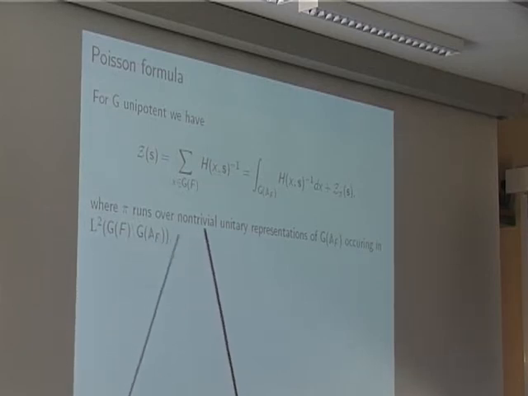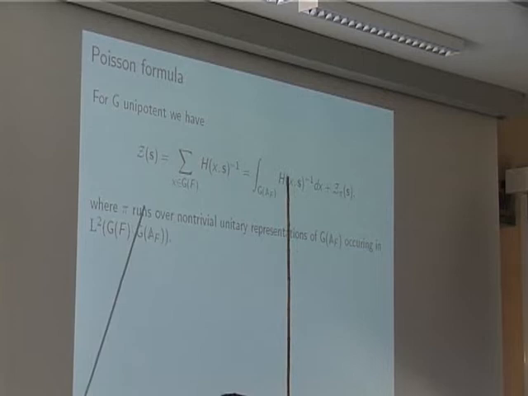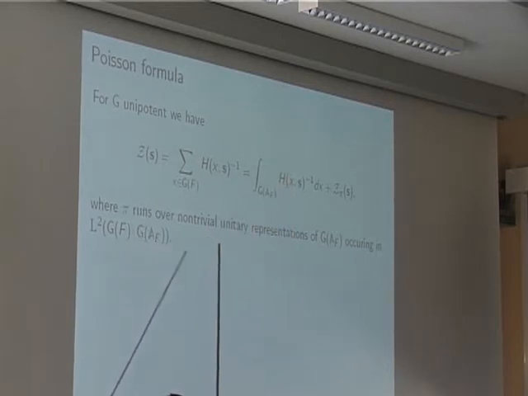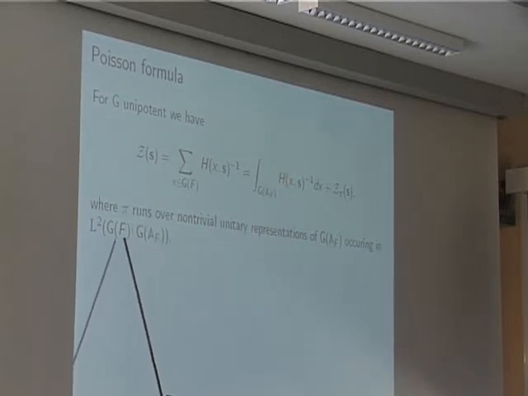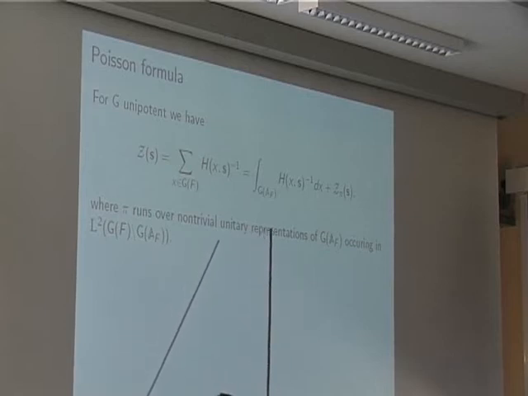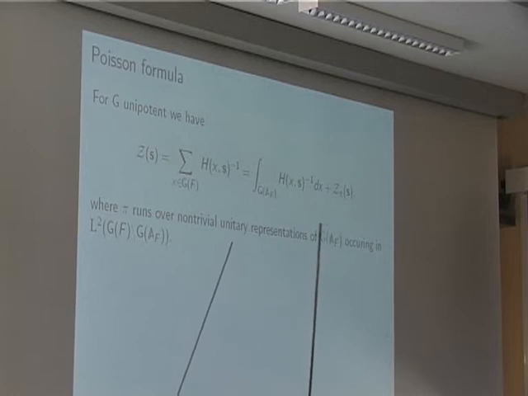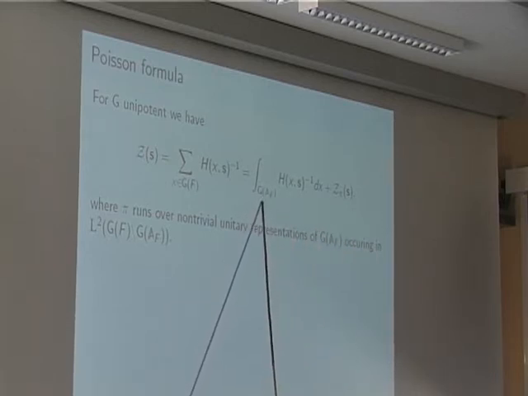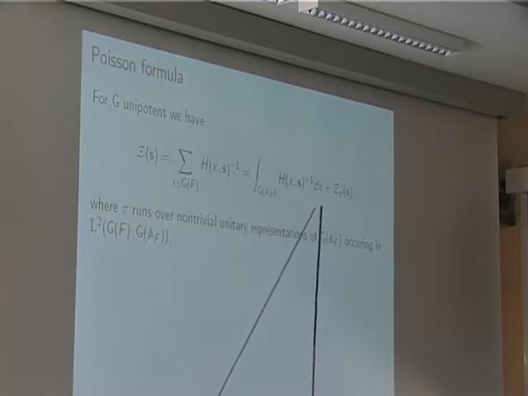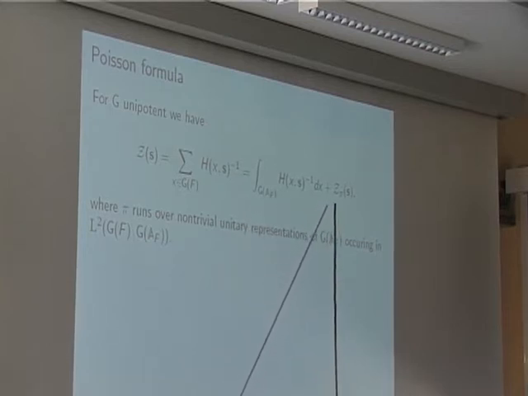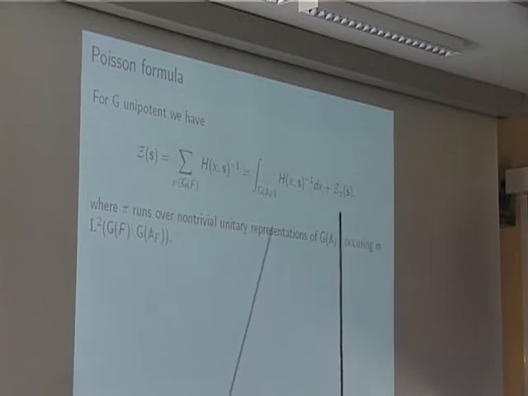In general, we may even have infinite dimensional unitary representations occurring in this space. But there's always one representation in the spectral expansion that's relevant and of interest to us, and that's the trivial representation. So I write down the contribution from the trivial representation, and then there will be a tail which we'll have to analyze.